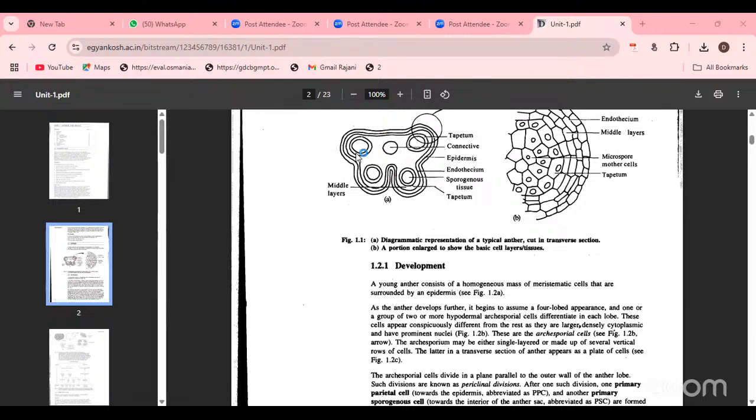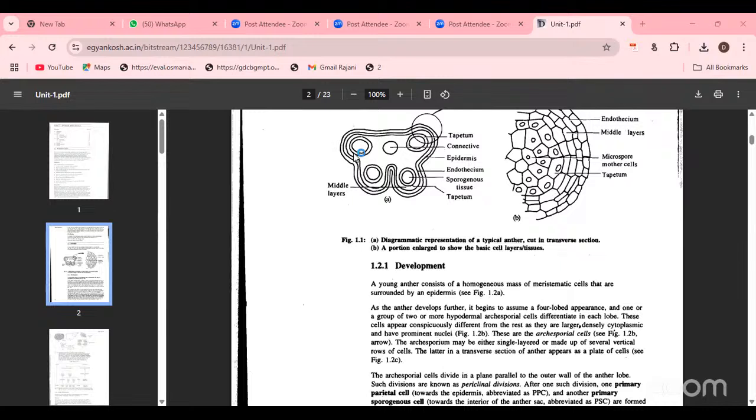Where the archesporial cells are there, you can observe both normal cells and archesporial cells inside the anther. But how do we identify the archesporial and normal cells? Where the archesporial cells are, they are large in size, dense in cytoplasm, with prominent nuclei.